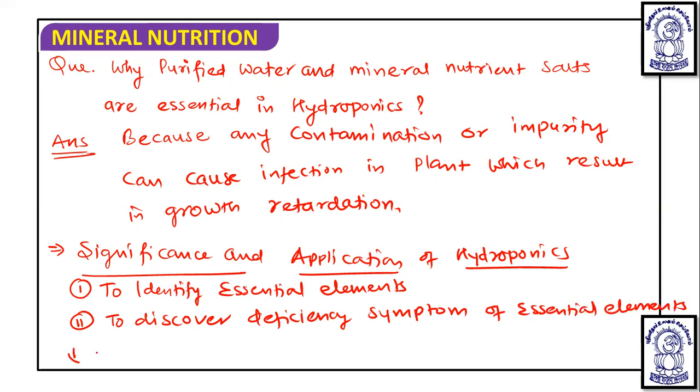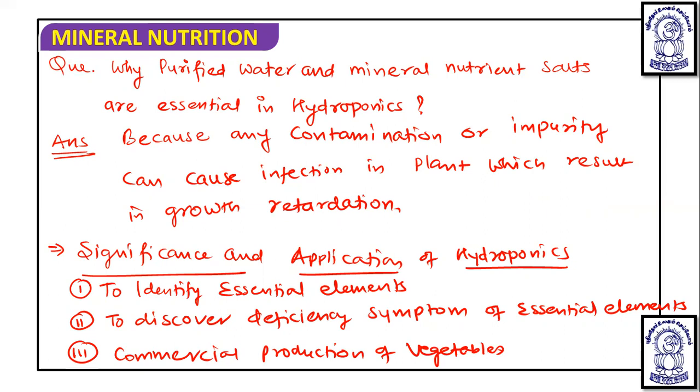And third, it is used in the commercial production of vegetables. So for all this, hydroponics can be used.